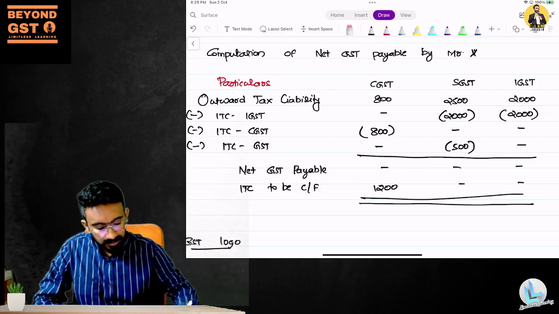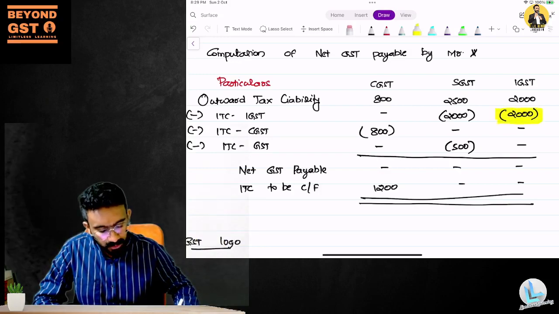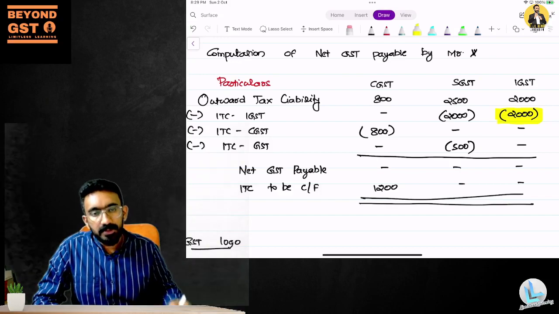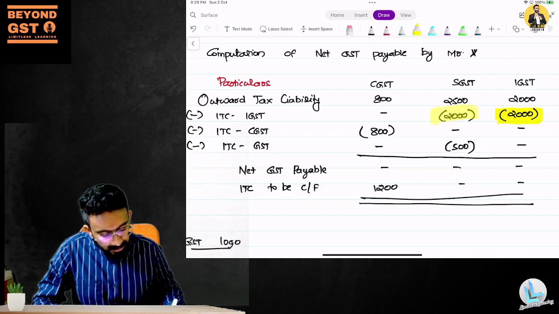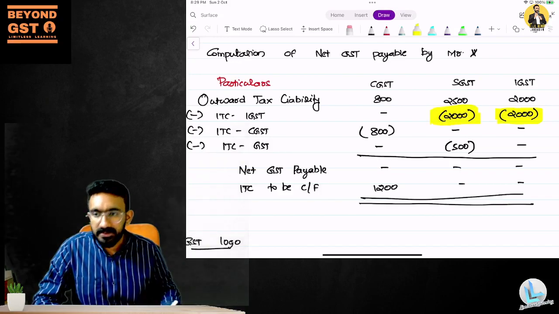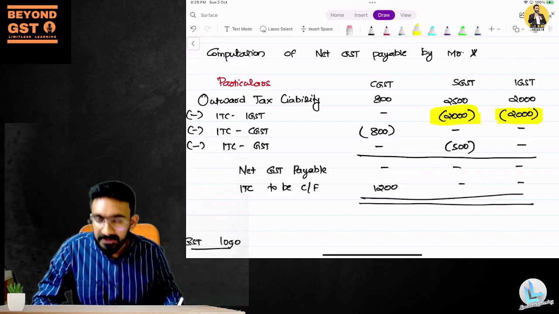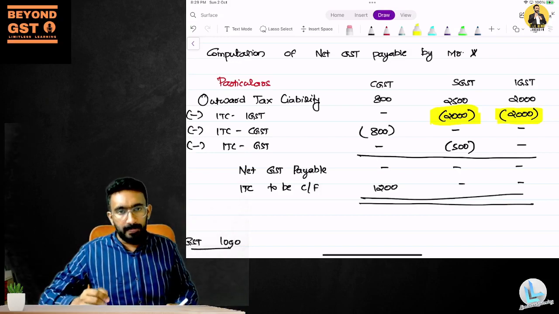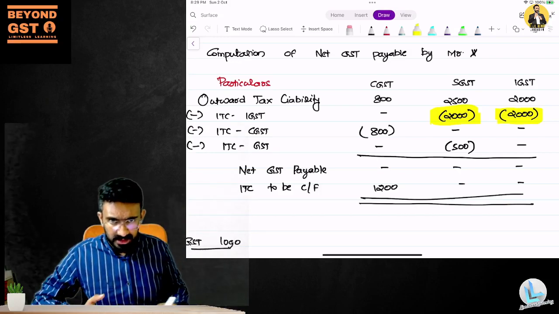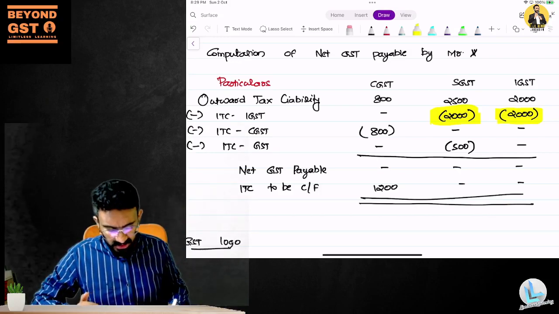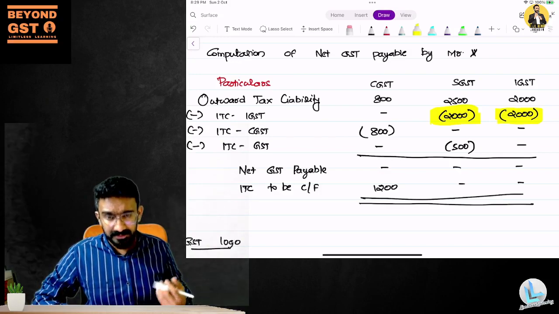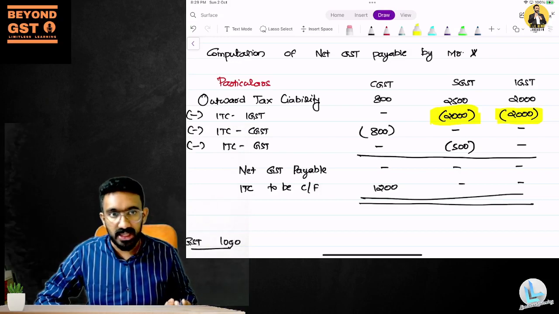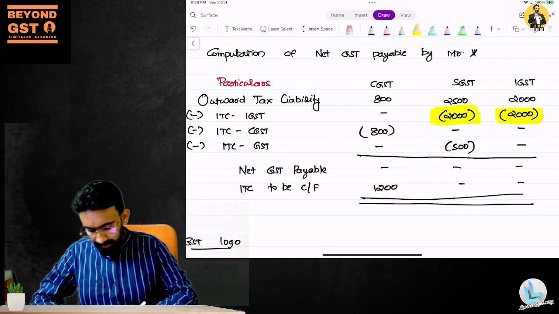After that, how much is left out? 2000 IGST is there. You have the option, do you want to set off in CGST or SGST? You would set off in SGST because CGST already has 1200 credit, whereas SGST credit is only 500. So to get the minimum liability, your set off should be IGST to SGST, then CGST against CGST, SGST against SGST, which will give you zero liability, and 1200 CGST can be carried forward. Clear?